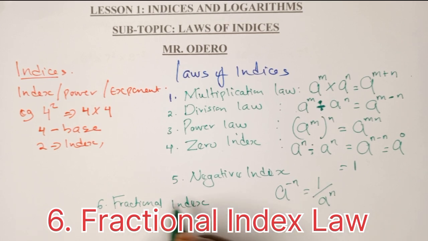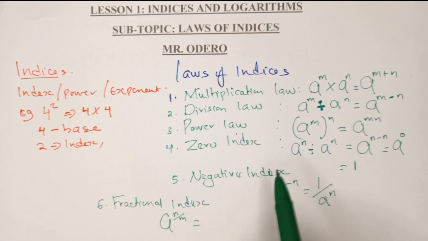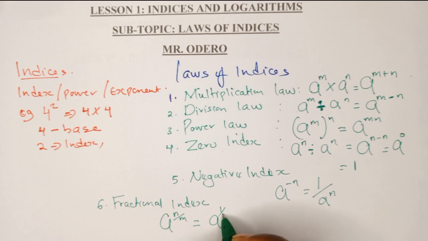This one says that if you have a raised to n over m, it is the same as, you can write it like this, a raised to 1 over m, and you can factor out n. So this is the root.